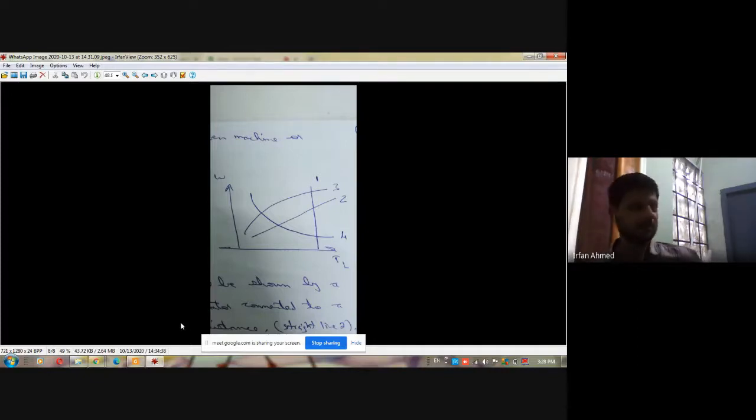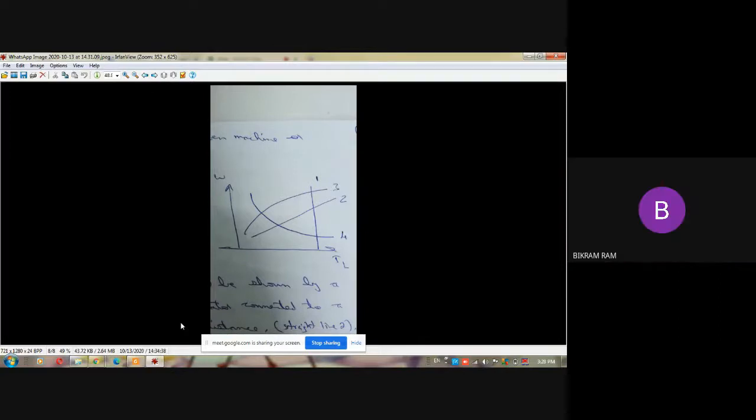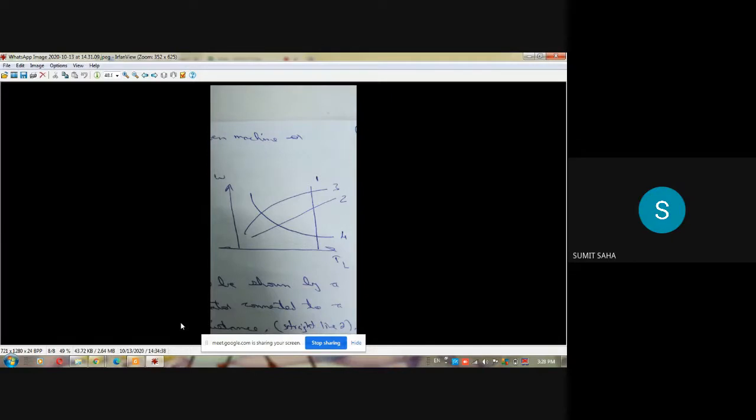Have you seen this type of characteristic anywhere? Fan type load, sir. No, no, I'm talking about curve 2. Locomotives or electric vehicles?